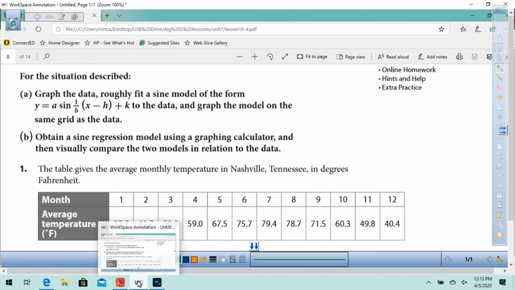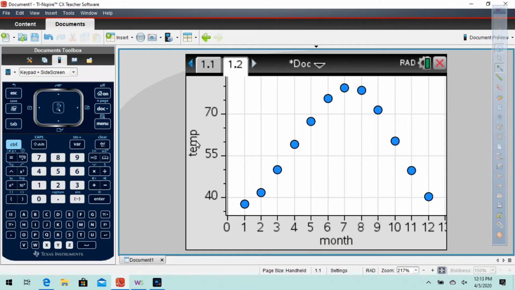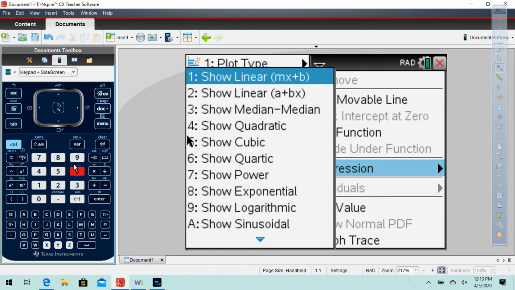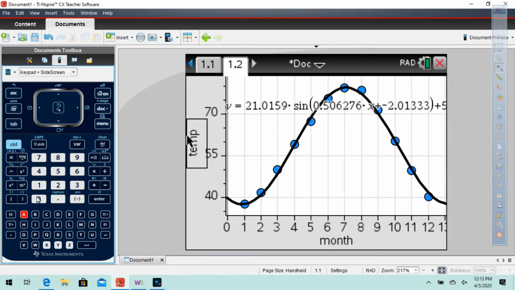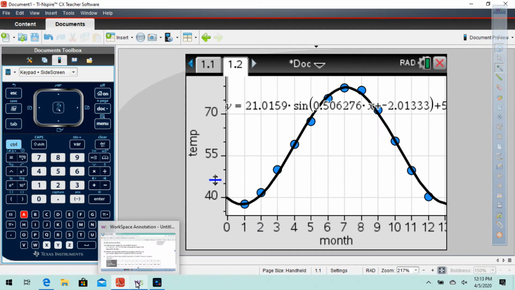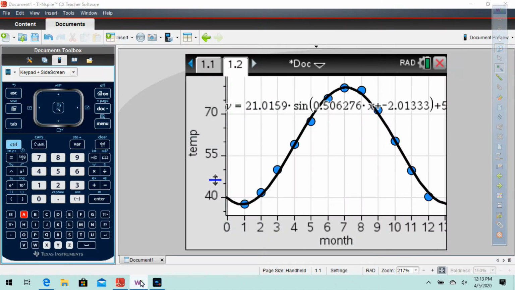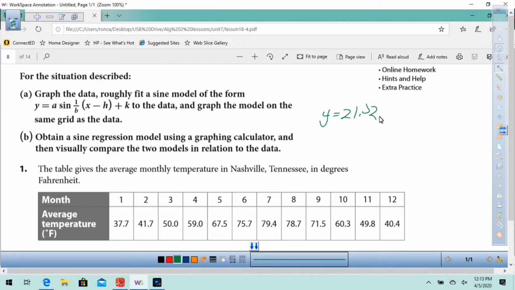Let's go back to our graph. We're going to go menu, 4 for analyze, 6 for regression, and then A for sine model. And there it is. So y equals 21.02 sine, and that was 0.5.